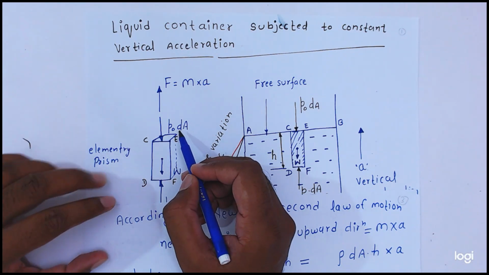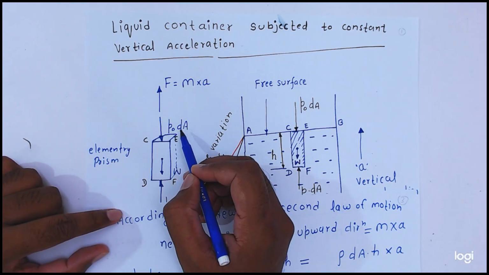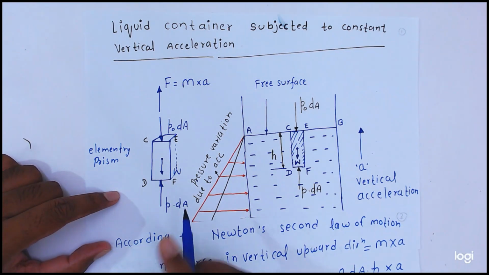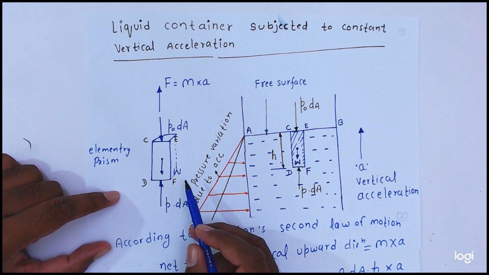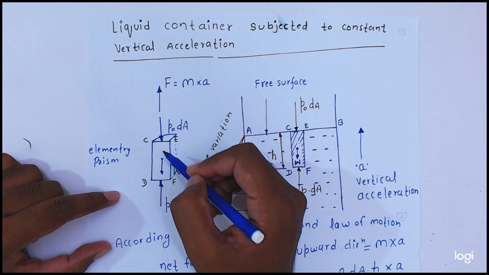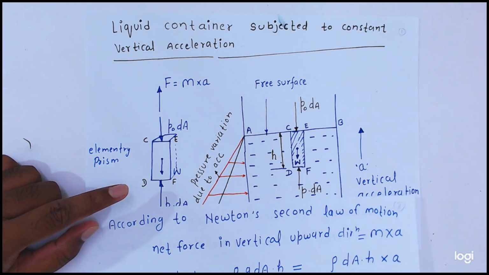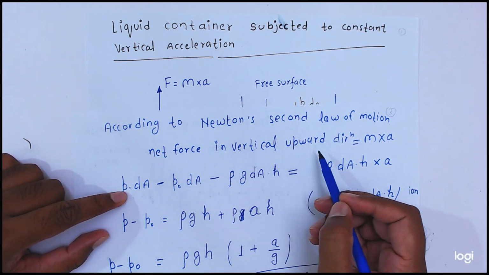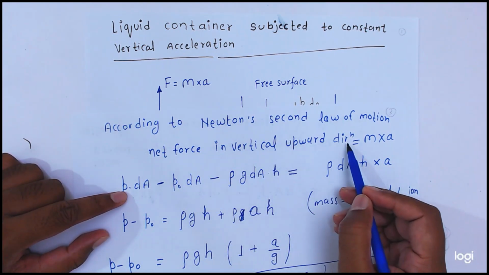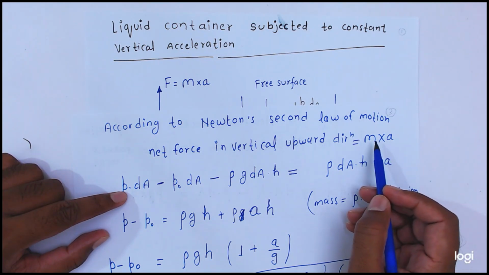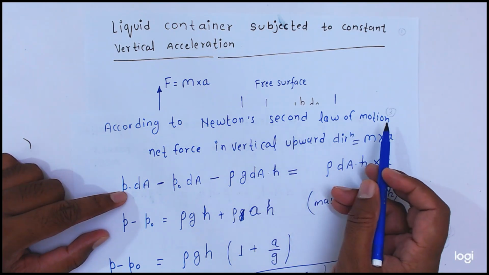One force is working, P naught into dA, in downward direction, weight also in downward direction. So this net force equals mass into acceleration. So the net force in vertical upward direction equals mass into acceleration.